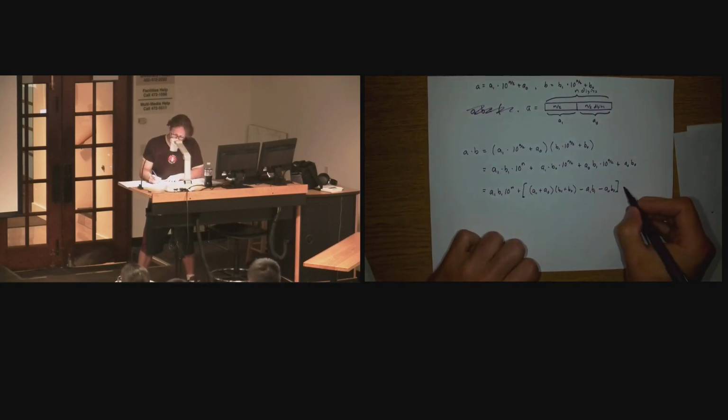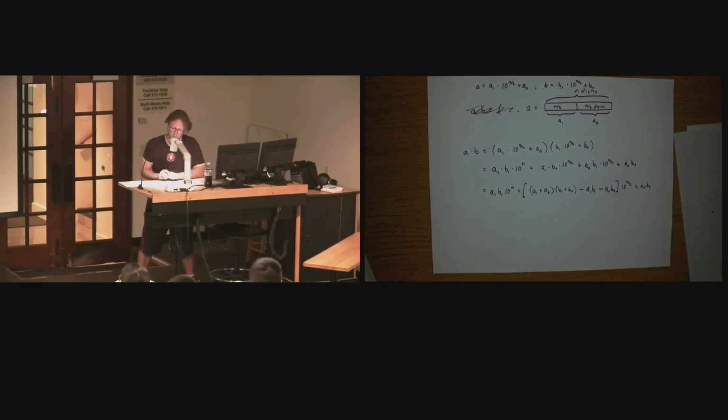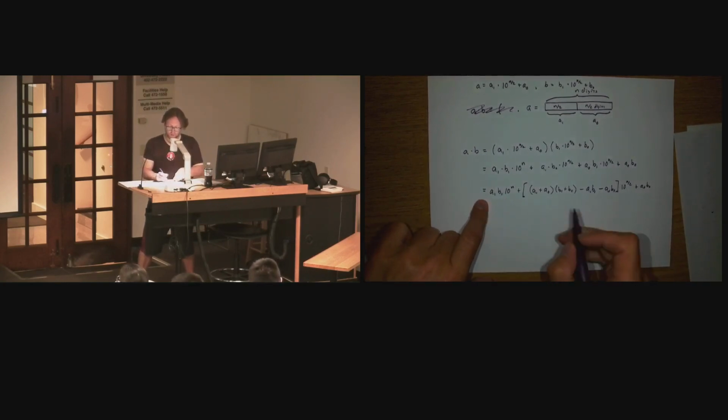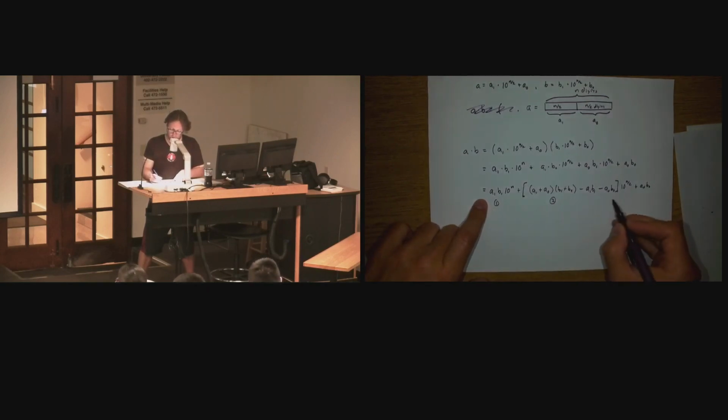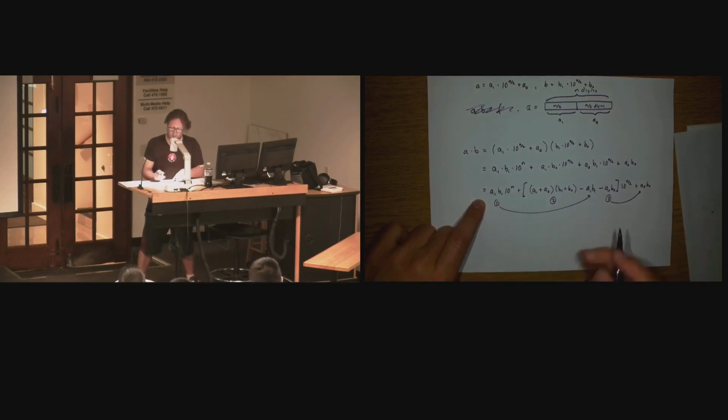And then I've just factored out, to simplify everything, the 10 to the n divided by 2 plus this one right here. Right? That suggests that we can get away with 1, 2, 3 multiplications, reuse this one, and reuse this one.